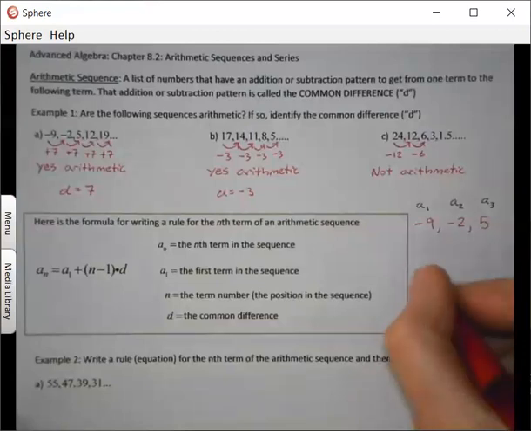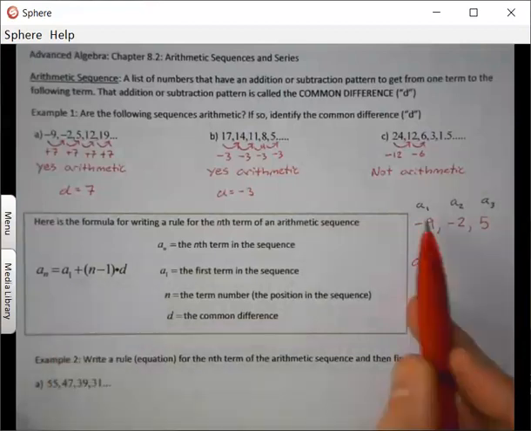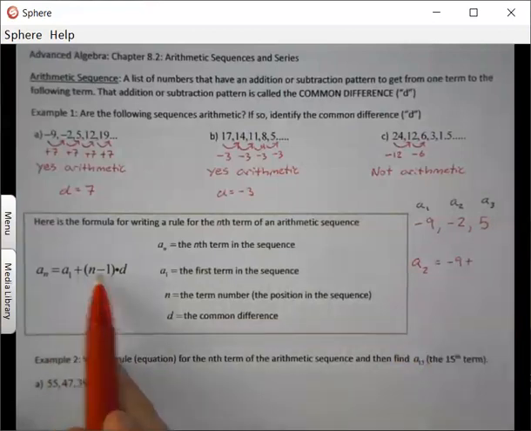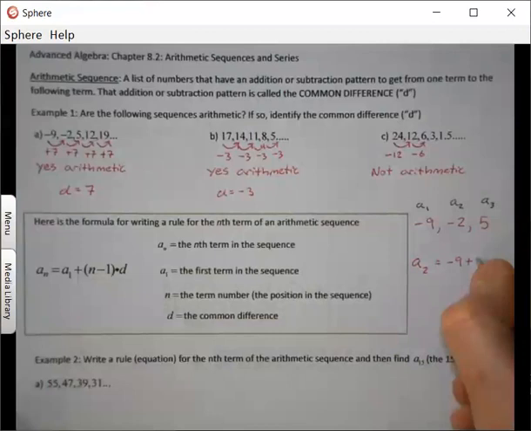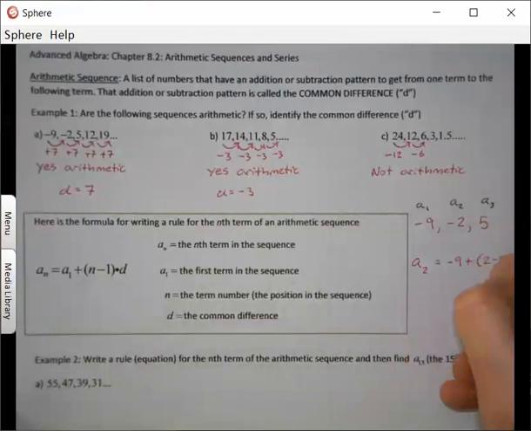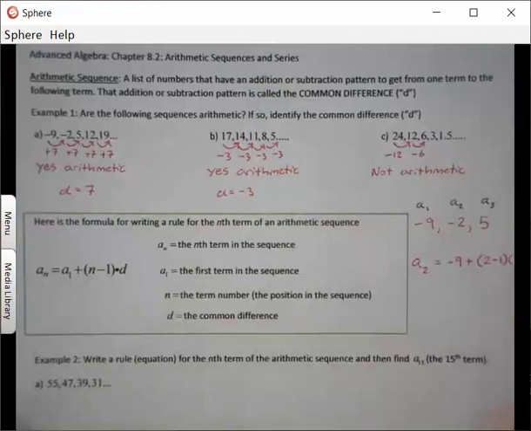So if I want to find a sub 2, I need to know what my first term is, a sub 1. Well, a sub 1 is minus 9. Then I'm going to add n minus 1. In this case, my n is 2, times the common difference. And our common difference was 7.